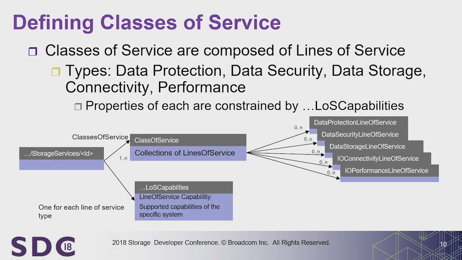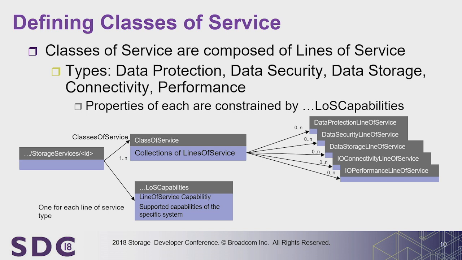Okay, and so talking about how these things are constructed. I've mentioned lines of service. There are really five different ones we built into the standard, which are data protection, security, data storage, and then I/O connectivity and performance. And each one of those is constrained by the capabilities of the system.